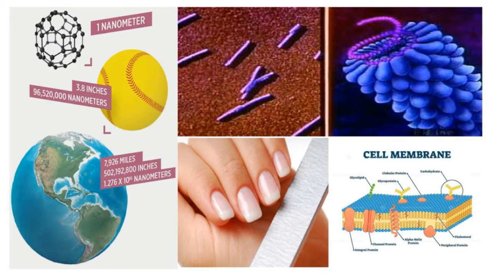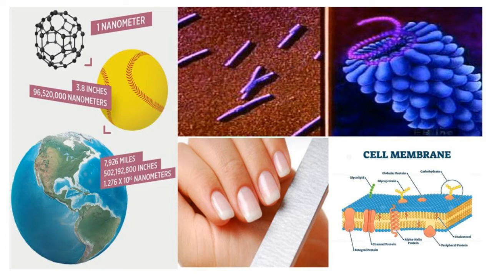Size of nanoparticles. The word nano has been derived from the Greek word nanos, which is designated to represent a billionth fraction of a unit. The following examples may help to illustrate how small the nanoscale is. 1 nanometer is 10 to the power minus 9 or 0.000000001 meter.